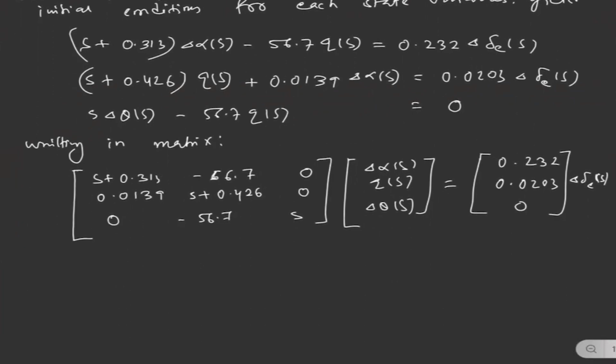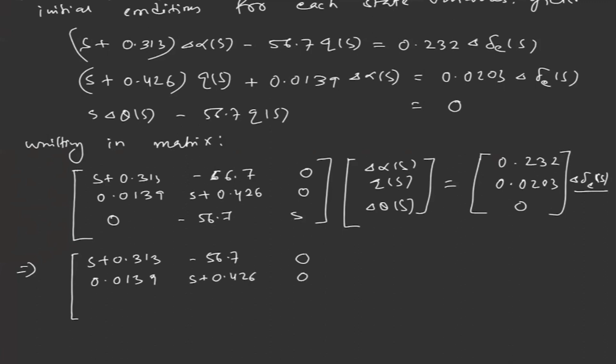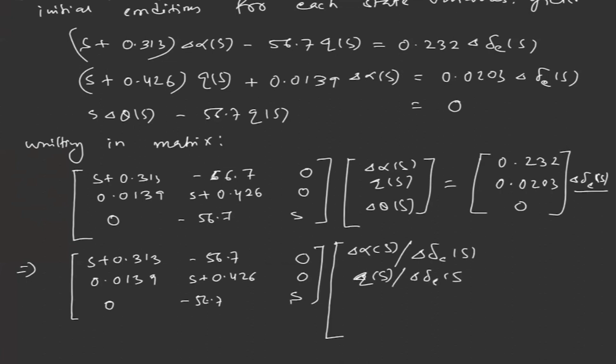Now if we divide both sides by delta delta E(S), then we will have S plus 0.313, minus 56.70; 0.0139, S plus 0.426, 56.7, and thus for this vector we'll have delta alpha(S) divided by delta delta E(S), Q(S) divided by delta delta E(S), and delta theta(S) divided by delta delta E(S), and it will have 0.232, 0.0203, 0.